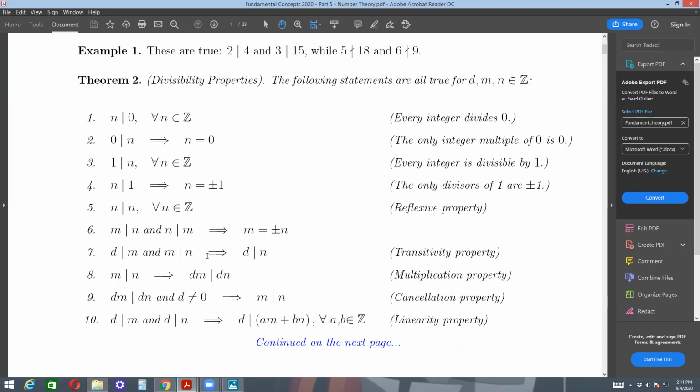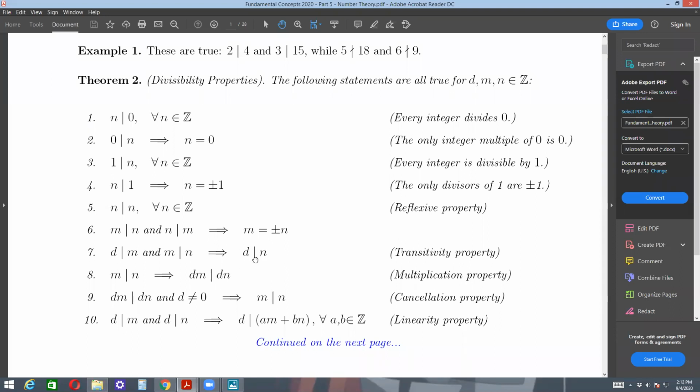Then you could take cases: either m has to be 0, or you would get that k1 k2 is 1, which means that k1 and k2 are plus or minus 1, and all of those cases would lead to this. So you all can go through and try to write up a proper proof of it.